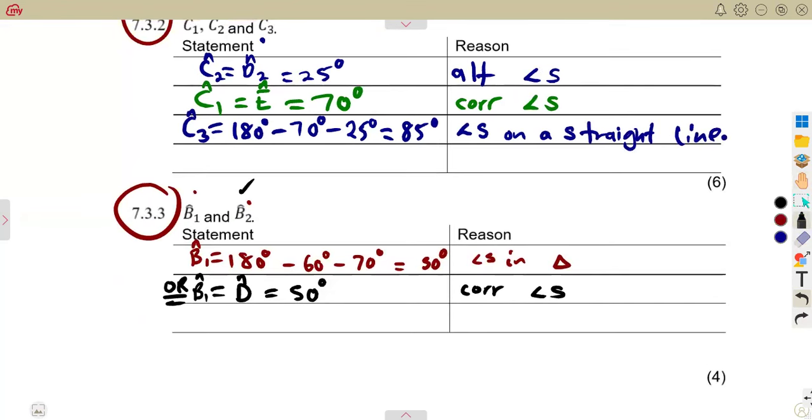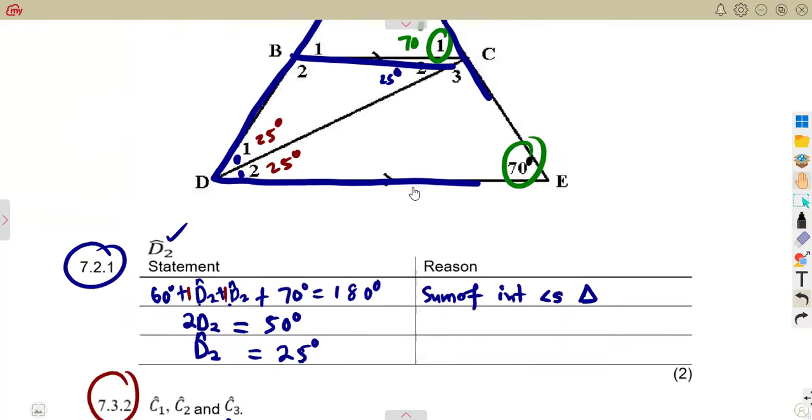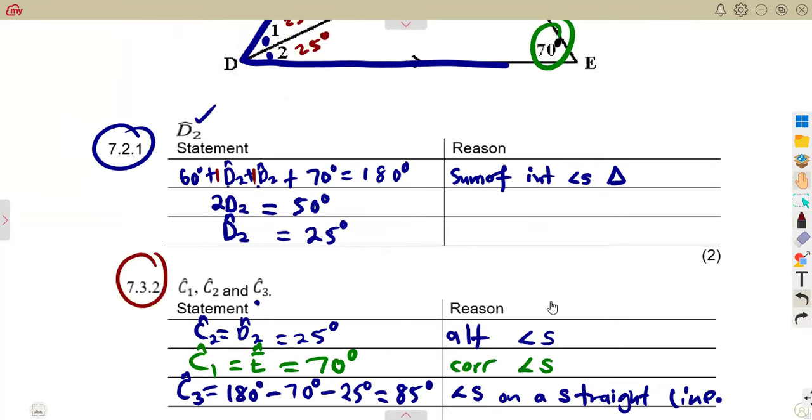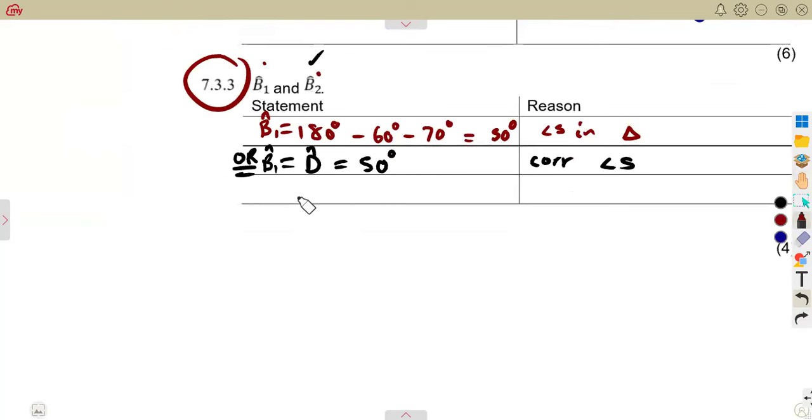Let's move on to angle B2. Knowing that B1 is 50 degrees, we can simply calculate angle B2, that is angles on a straight line add up to 180 degrees. So in order for us to obtain angle B2, you are simply going to subtract the 50 degrees that you have from 180 degrees, since angles on a straight line add up to 180 degrees.